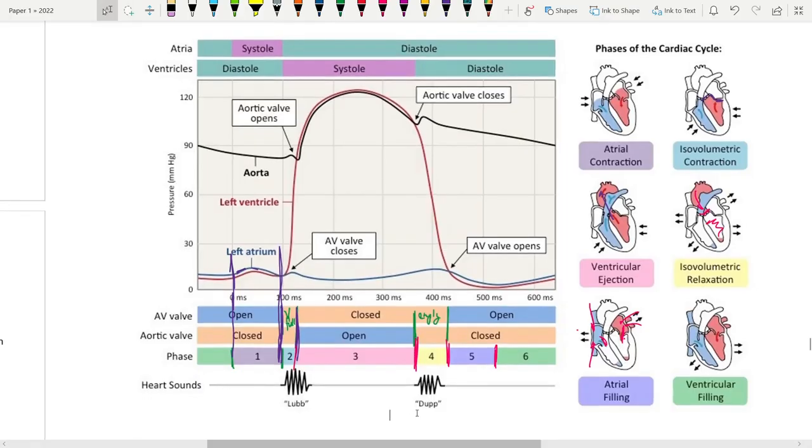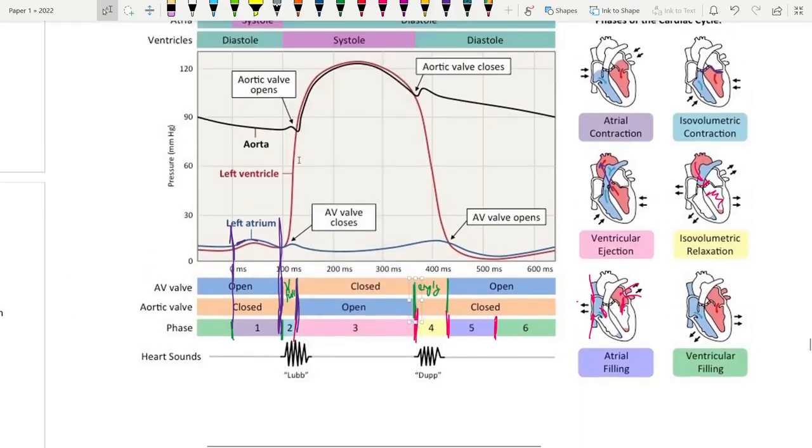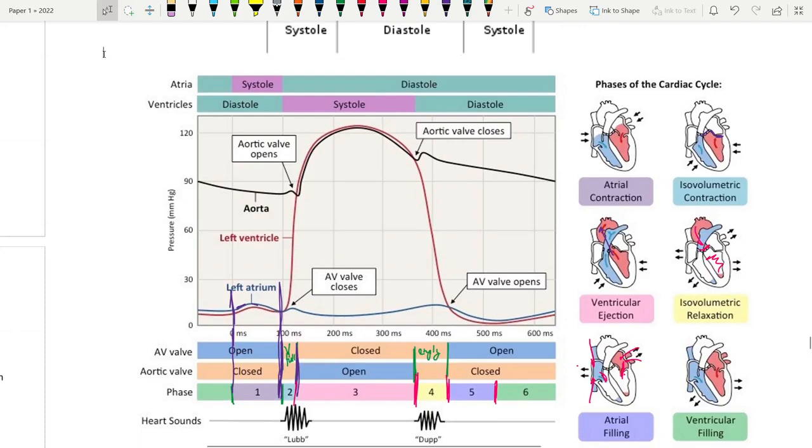until, look, until the... basically, wait, let me show you. So the atrial systole corresponds to this region. It corresponds to atrial contraction, and the ventricular systole will occur just afterwards and until the aortic valve closes.